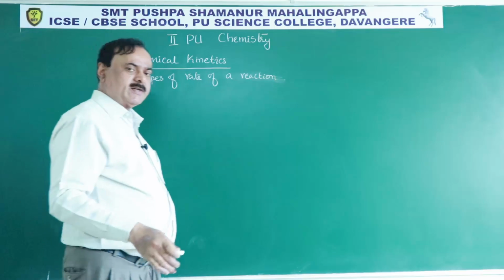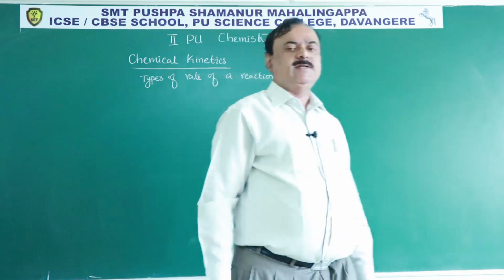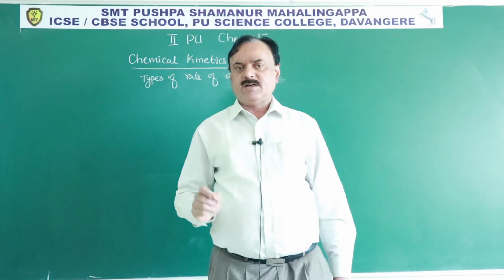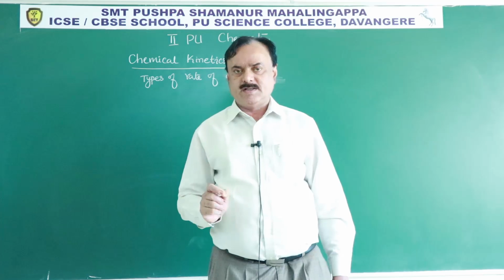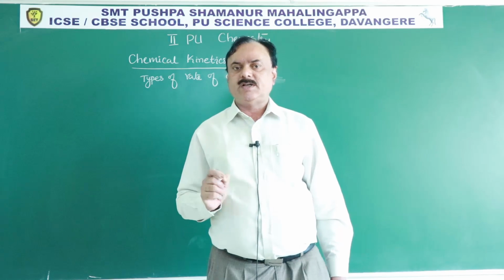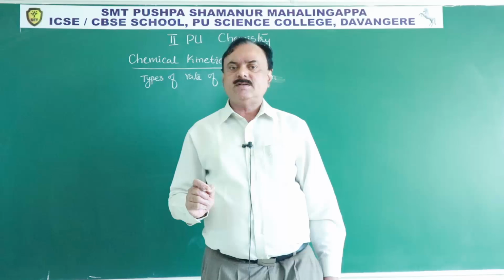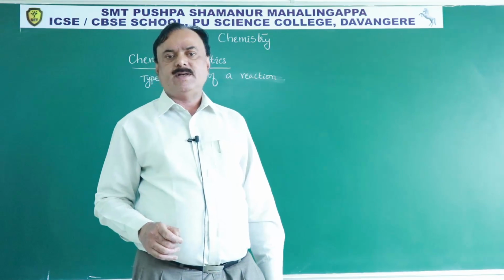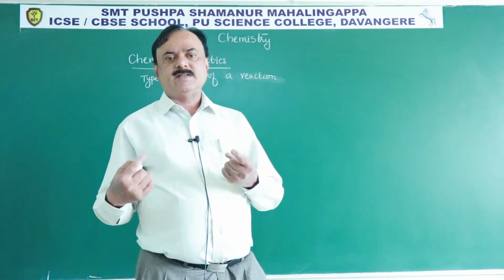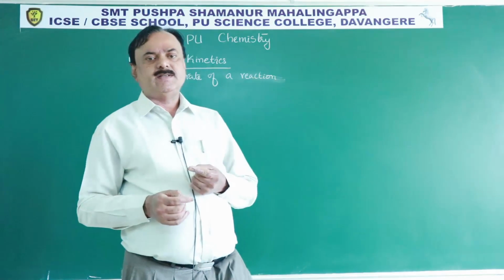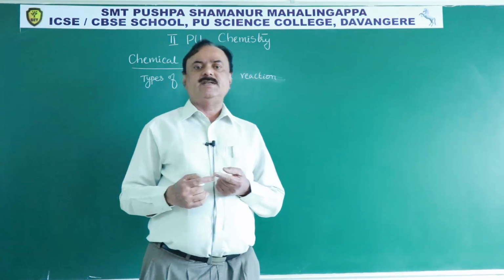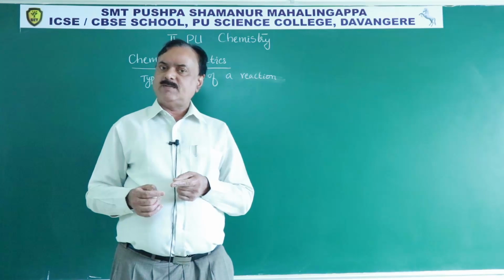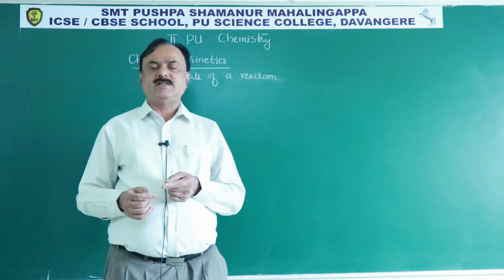The rate of a chemical reaction, or velocity of a chemical reaction, is the rate at which the molar concentration of the reactant decreases per unit time, or the rate at which the molar concentration of the product increases per unit time, because across the reactant side the concentration of the reactant decreases, and across the product side the concentration of the product gradually increases.